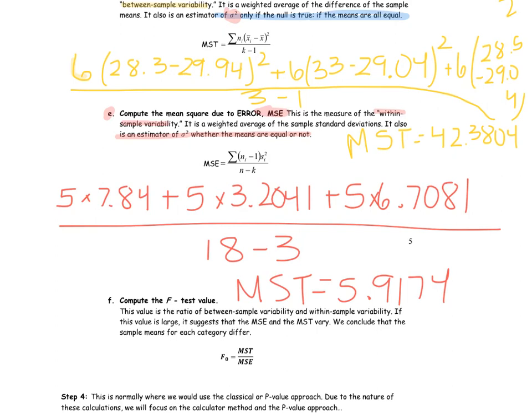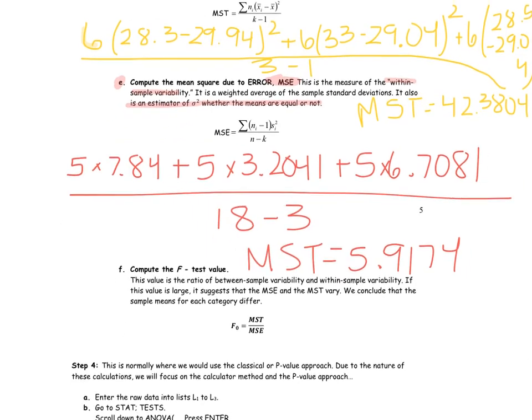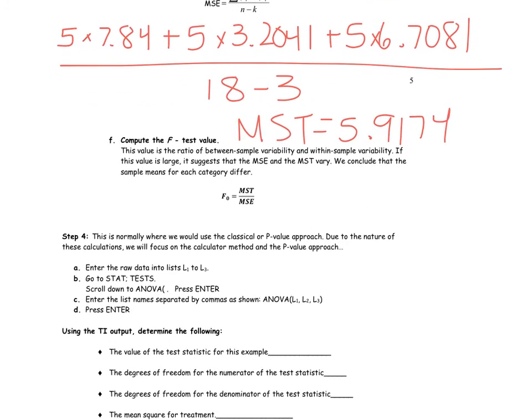Okay, so now to compute the F-test statistic, remember it's a ratio. It's the ratio of part D divided by part E. If the value is large, it means that those two vary. So if they're different, it means the sample means have to be different somewhere.